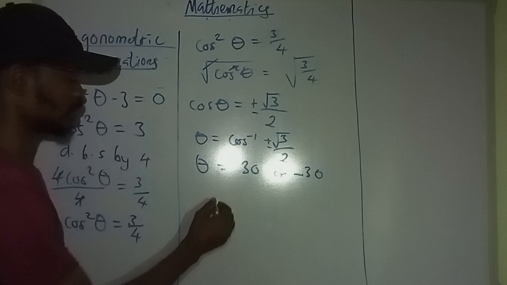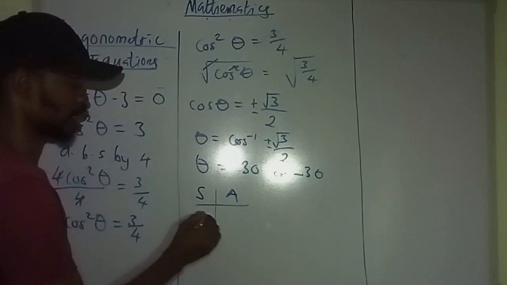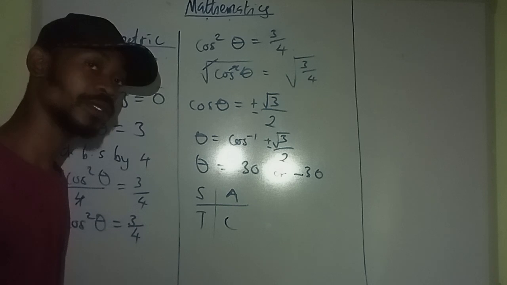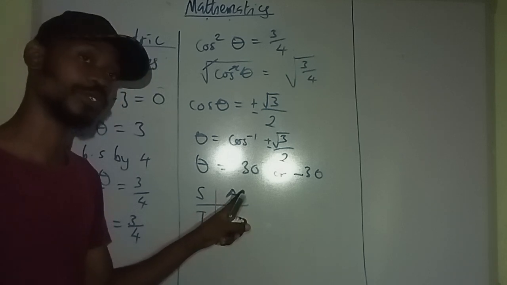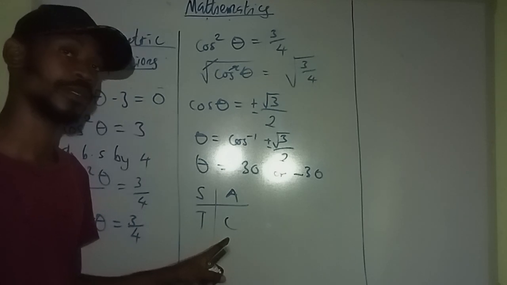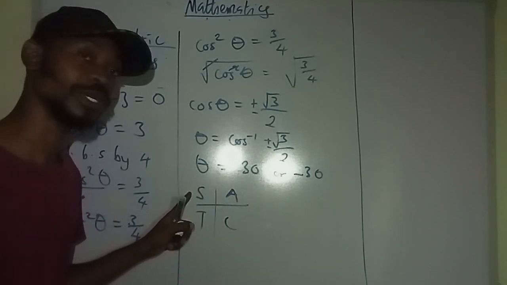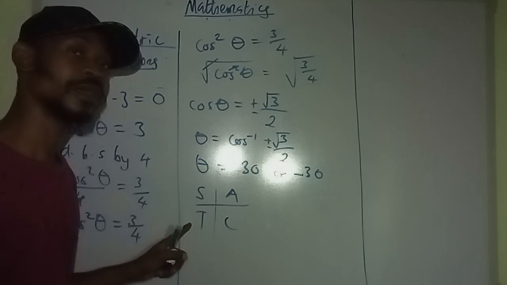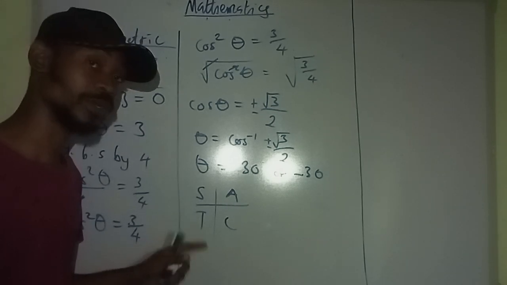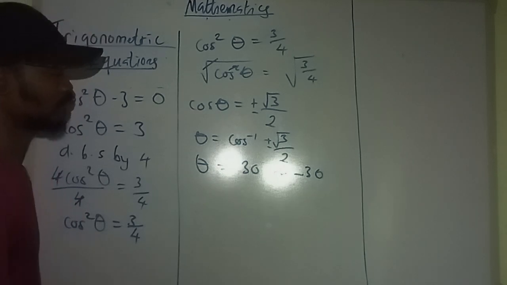According to this notation, all students take Coke: cos is positive in the first quadrant and positive in the fourth quadrant. It is negative in the second quadrant and negative in the third quadrant. We are going to use that to solve the question.